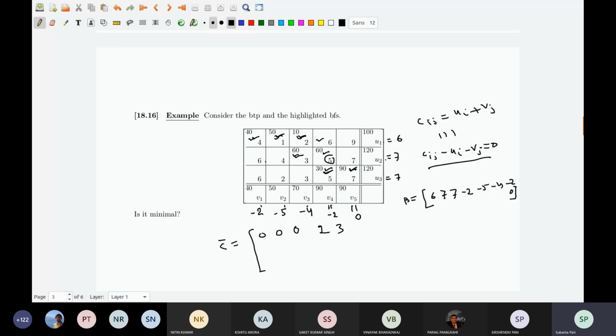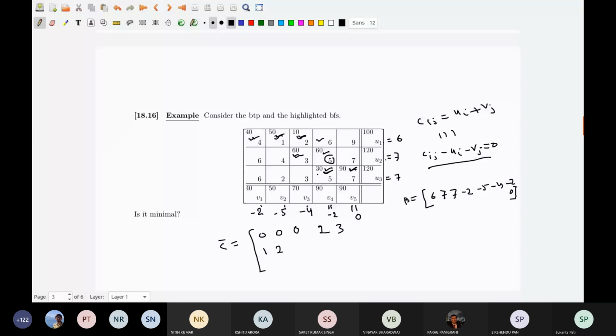On the 2/1th square, the first square of second row, 6 minus 7 plus 2, 1. 2/2th square, 4 minus 7 plus 5, 2. Then the two basic squares, it will be 0.